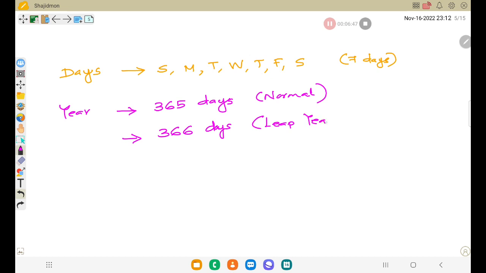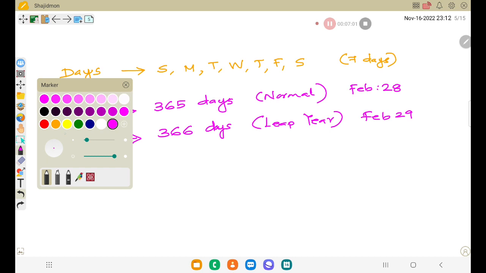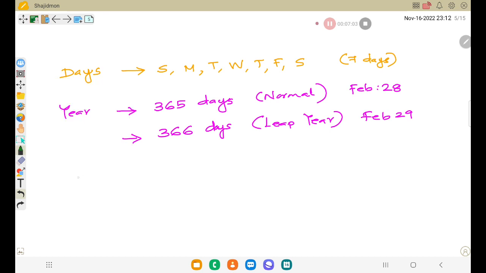Now, what is the meaning of leap year? In that year, February has 29 days. In a normal year, February has 28. That is why 1 extra day comes, so 366 days in a leap year. How many months are there in a year? 12 months.